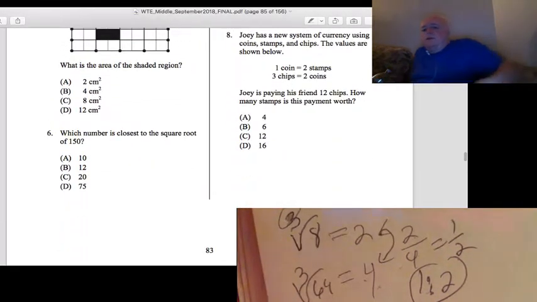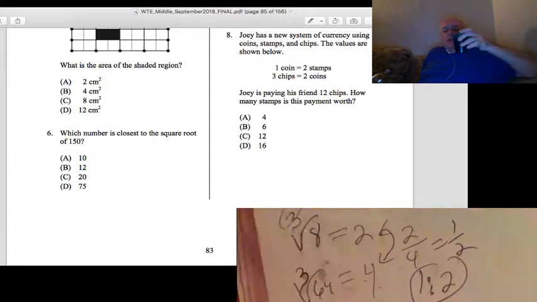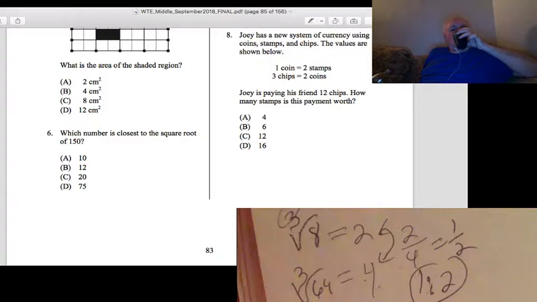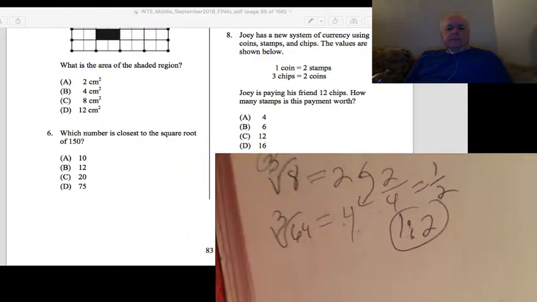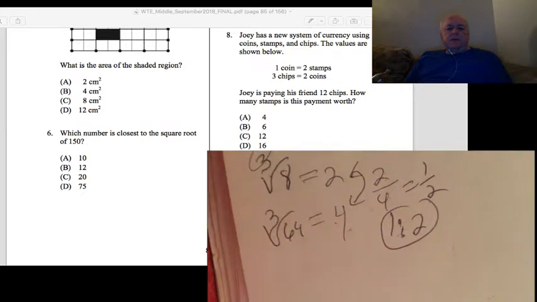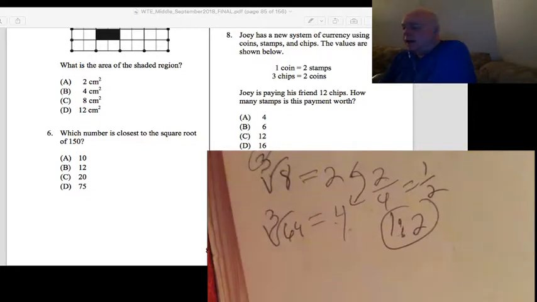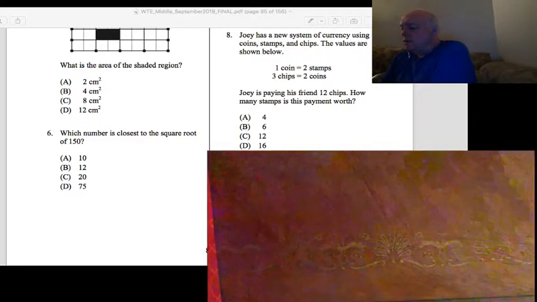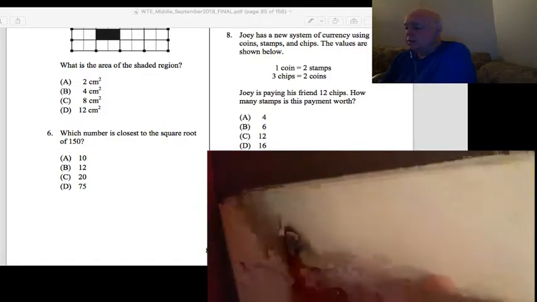Okay, we have a currency conversion one. There are a lot of unit conversions that happen on the SHSAT, as well as all the other tests. All right, let me move this one to be better displayed. So we're basically going to start out and try to make conversions between all of these. 4 coins is equal to 2 stamps.